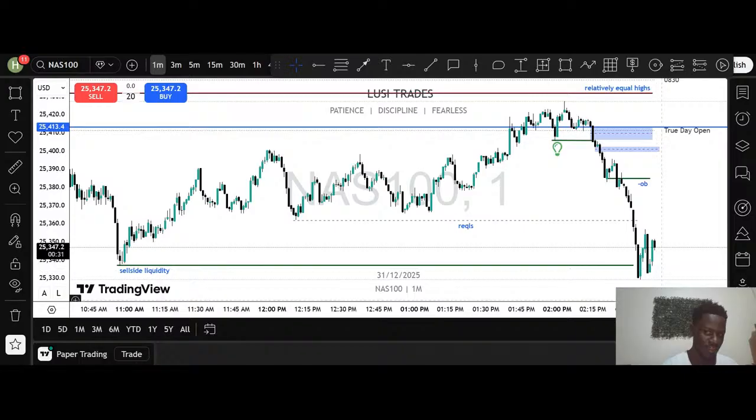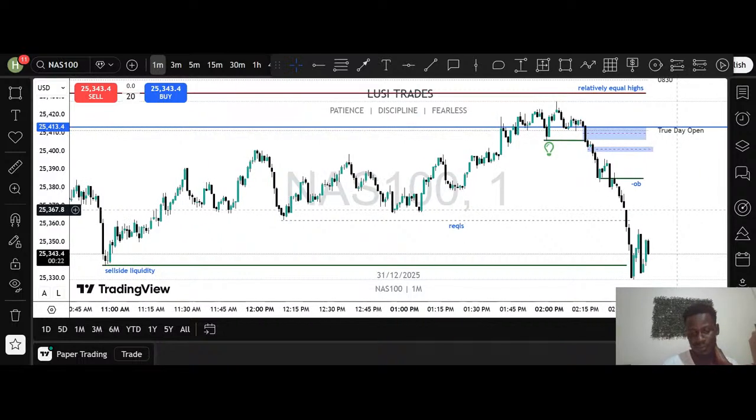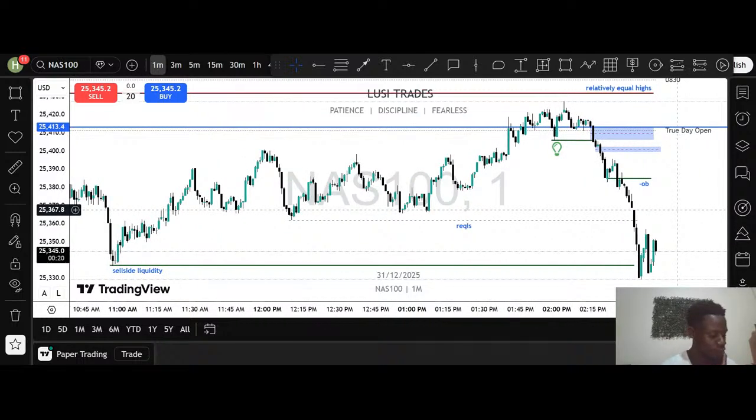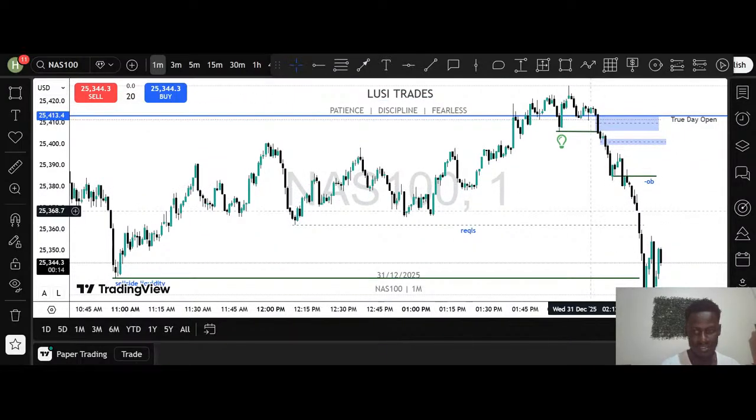If you want to trade higher, I believe we might still revisit these levels. But price is price. Price will do what it wants. So this was nice.